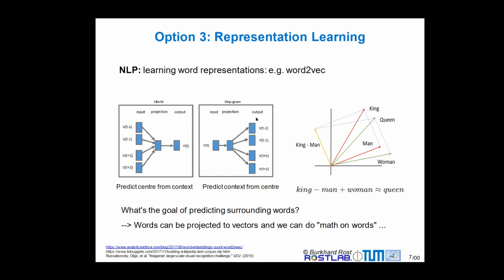Vice versa, skip-gram just takes as an input the center word, projects it to some hidden layer representation, and from this hidden layer representation, it tries to reconstruct the two words that are most likely to appear before this word or after this word. So you try to predict the context from the center word.